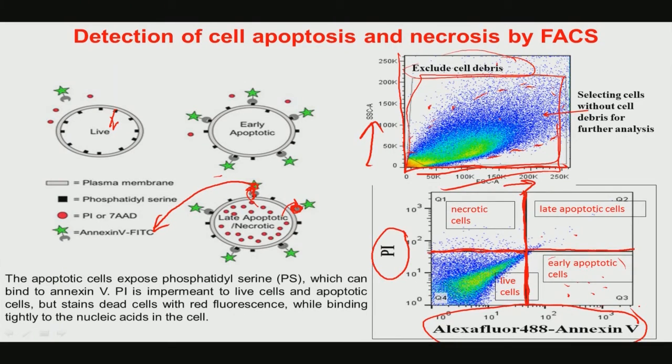As a result, those cells are not live cells anymore; they will perhaps go from the early apoptosis to the late apoptosis stage. So, this is the basis for detecting the total fraction of live cells, or the total fraction of these early apoptosis or necrosis cells.